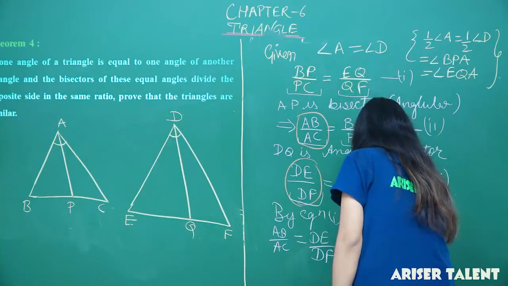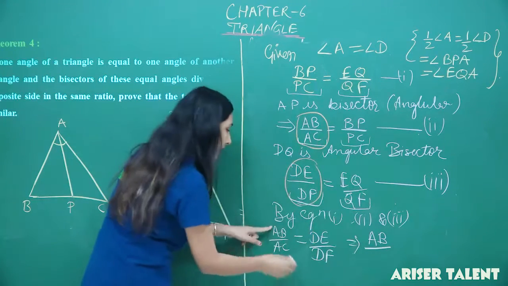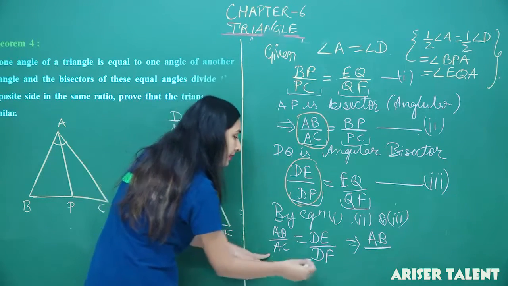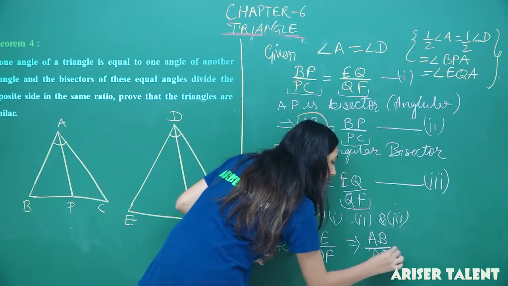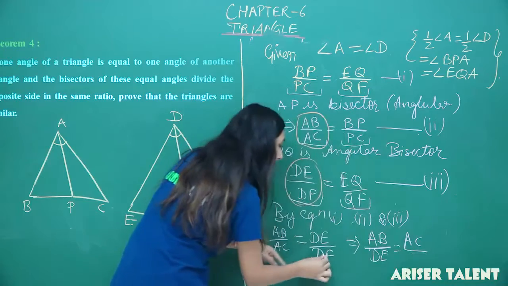Now this can again be written as AB by DE equals AC by DF.